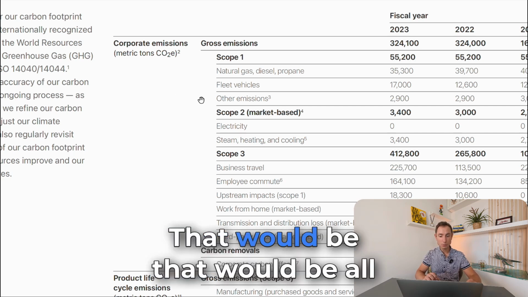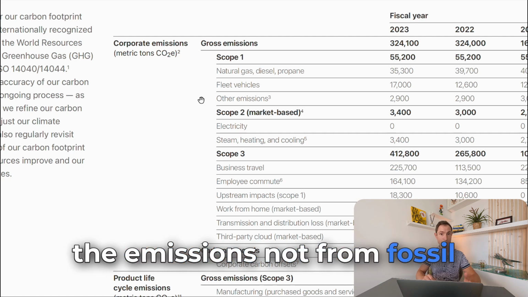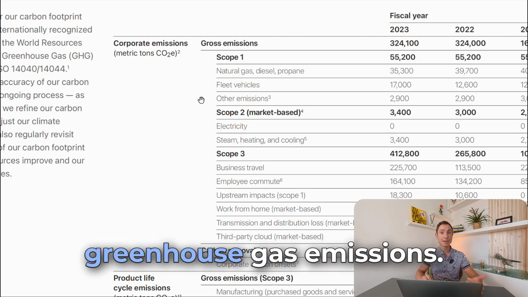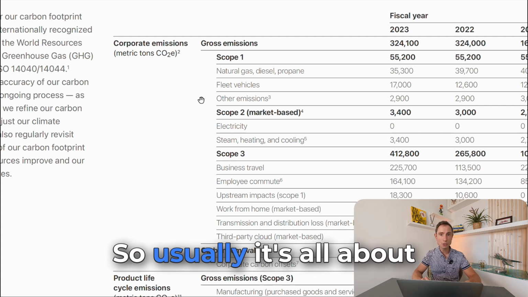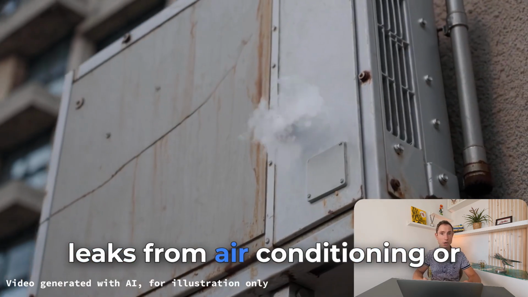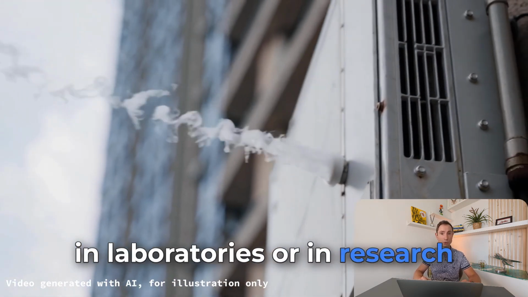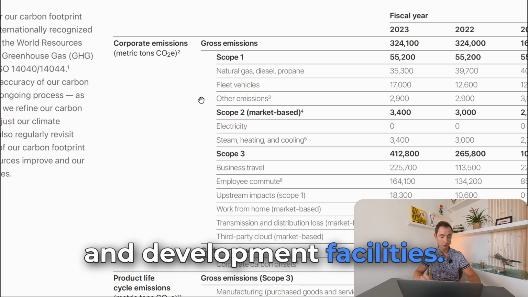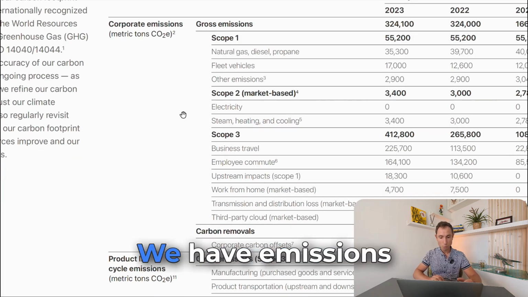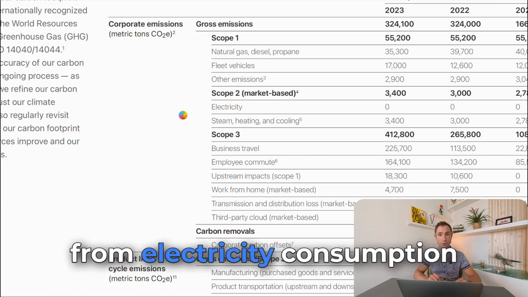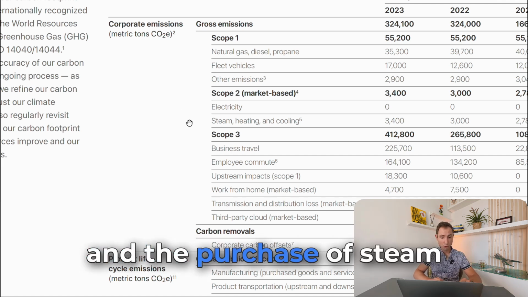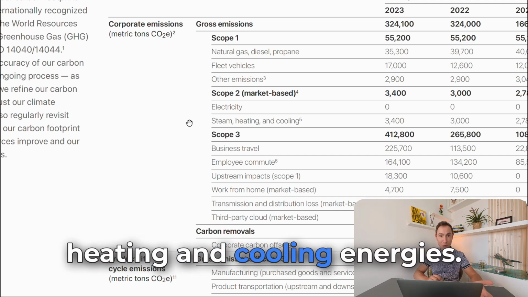Other emissions: that would be all the emissions not from fossil fuels, but still greenhouse gas emissions. Usually it's all about leaks from air conditioning or other gases used in laboratories or in research and development facilities. Scope 2: we have emissions from electricity consumption and the purchase of steam, heating, and cooling energies.